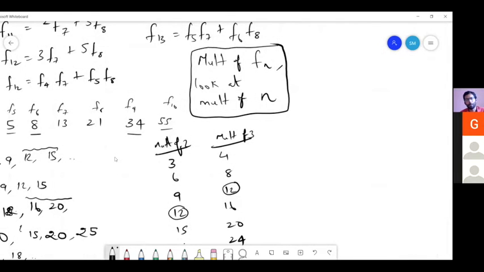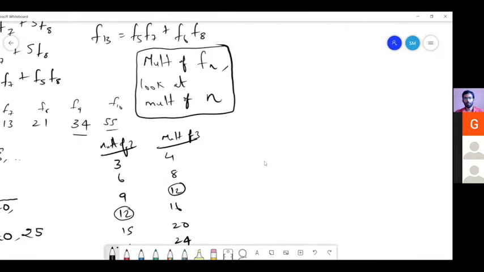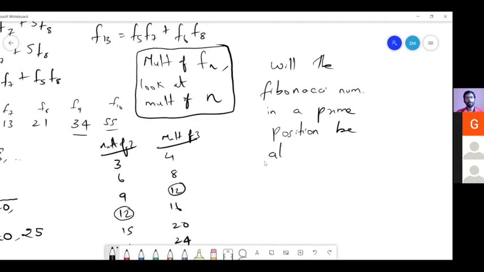So will a Fibonacci number in a prime position always be prime? So Gauri ma'am told that prime numbers will have to occur in prime positions.